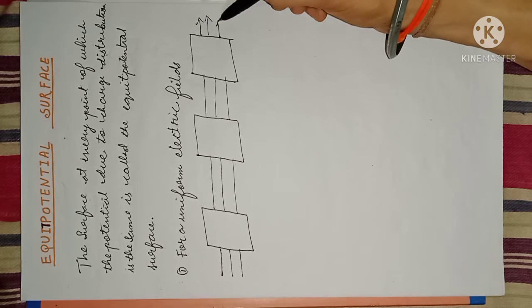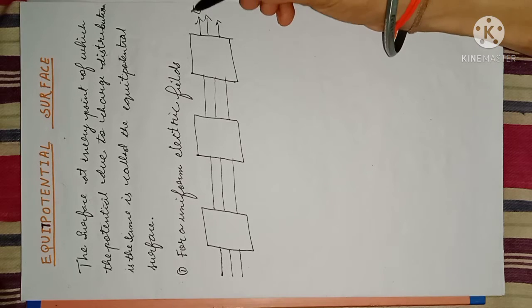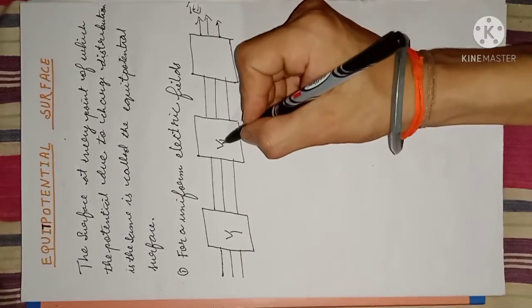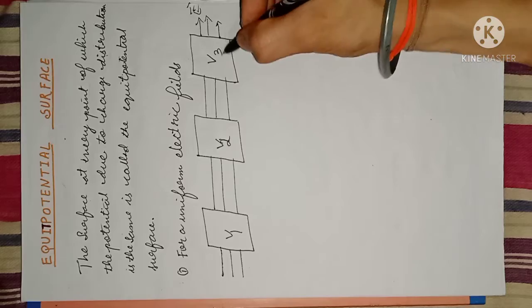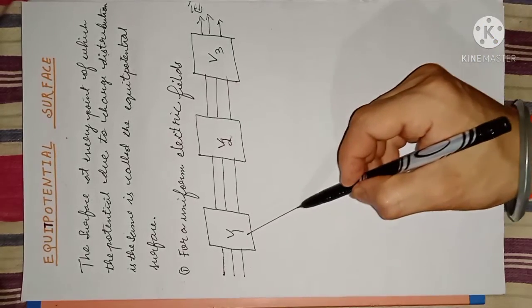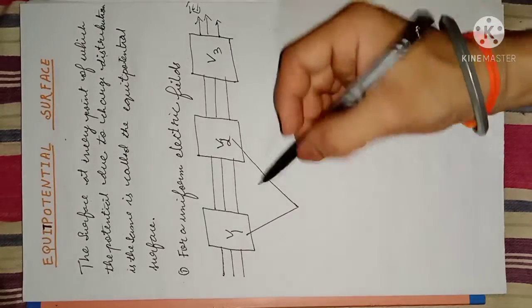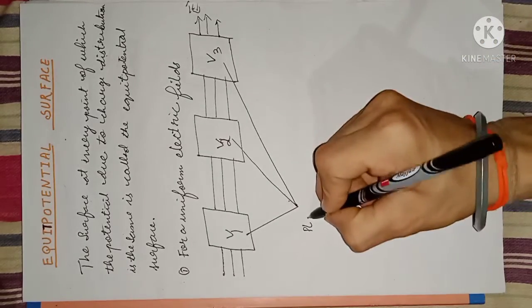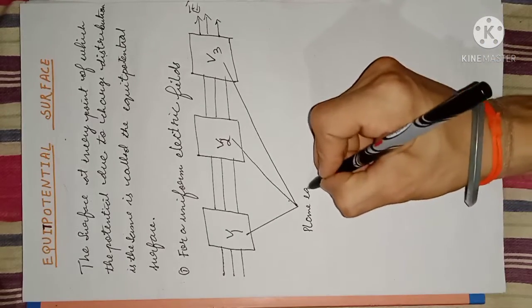These are the electric field lines, and this one is potential V1, this one is V2, and this one is V3. This is the equipotential surface for a plane. We can write here: plane equipotential surface.